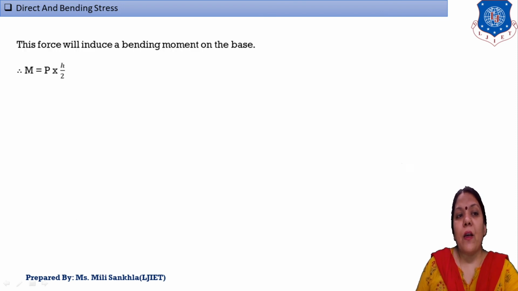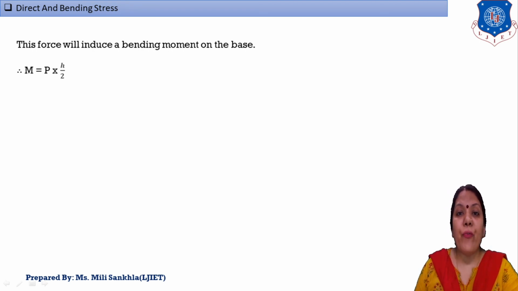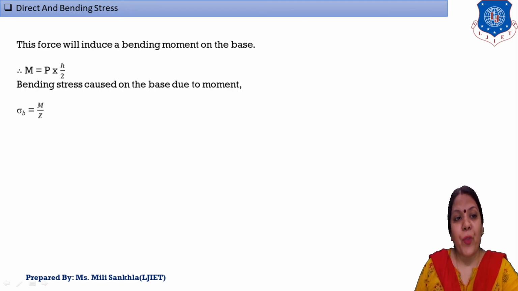Next, this force will induce a bending moment at the base, equal to wind force into height divided by 2. This is the equation of moment induced at the base of the chimney.